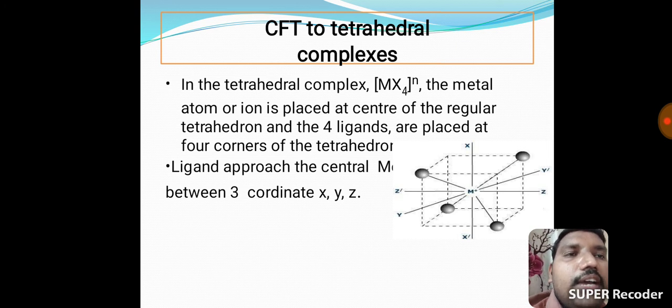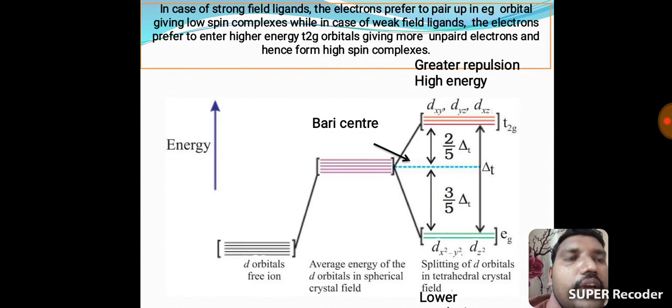The 4 corners have 4 ligands. In the middle, there is the central metal atom. This is the diagram of the tetrahedral complex. In a tetrahedral complex, dx square minus y square and dz square have less energy, and dxy, dyz and dzx have higher energy. T2 is excited in a tetrahedral complex.